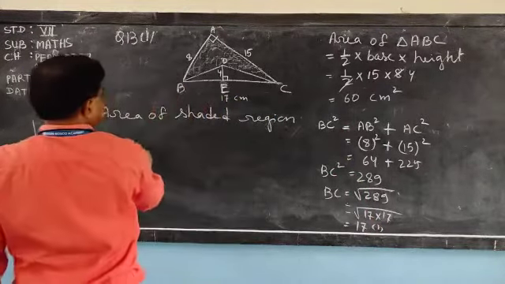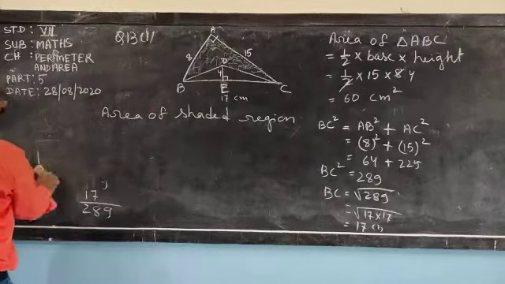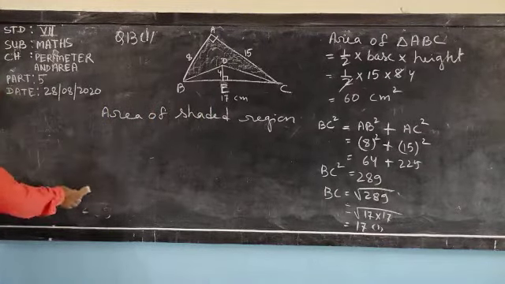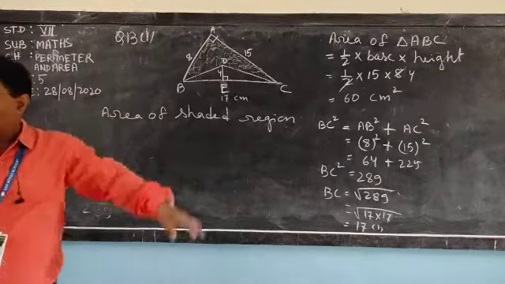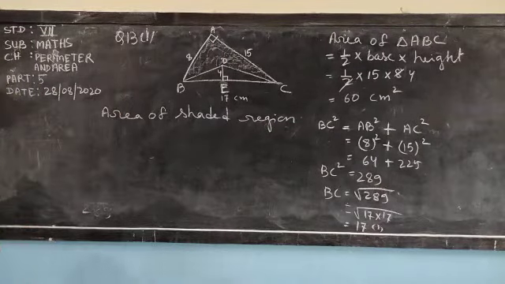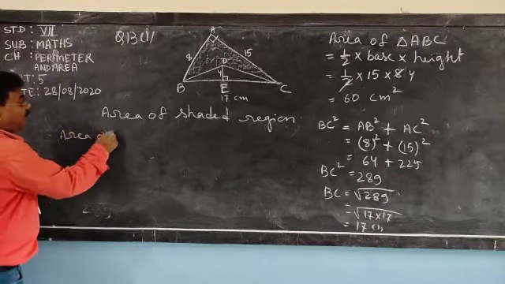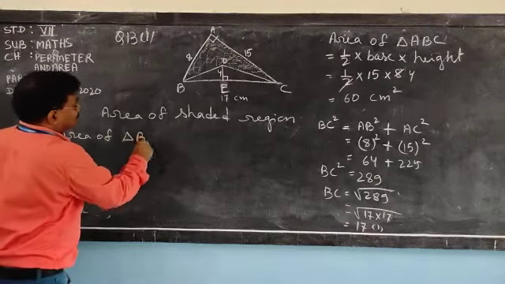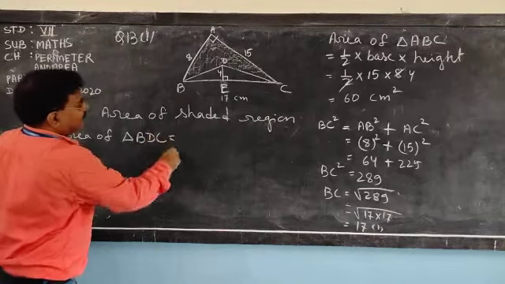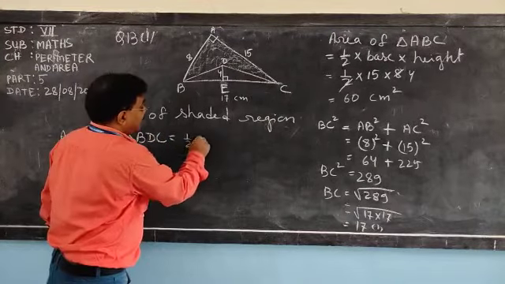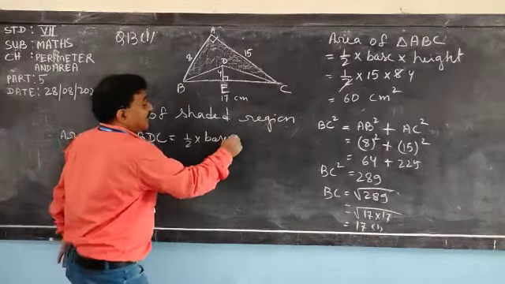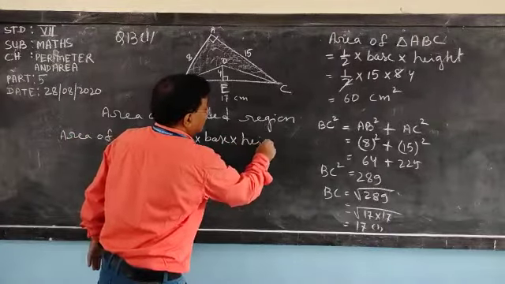Very clear? Now what can we do? Find the area of triangle BDC. Area of triangle BDC, half into base into height.